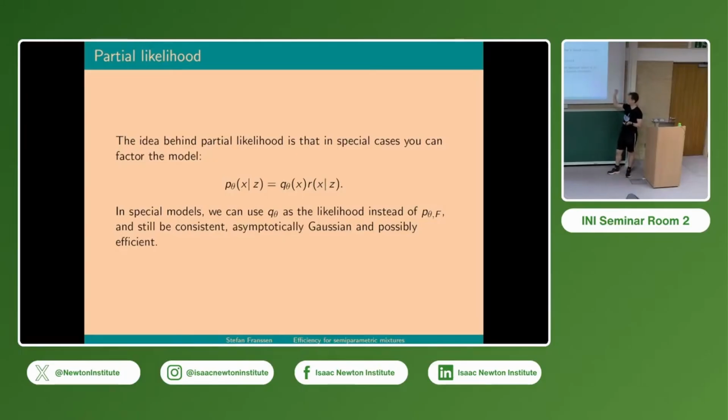We only have to focus on this theta parameter. And then we can show that these will be consistent estimators, asymptotically Gaussian, and in special cases, they can be efficient estimators.